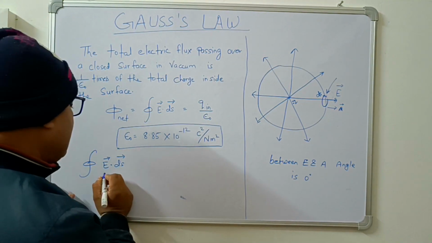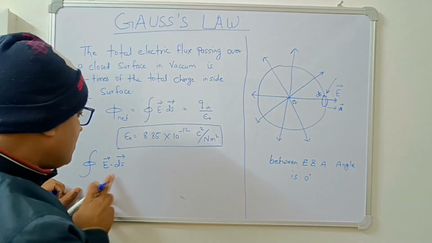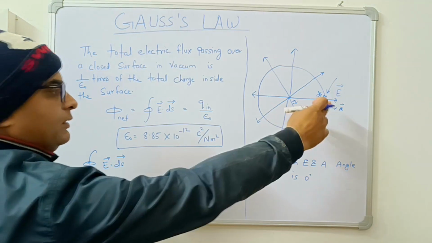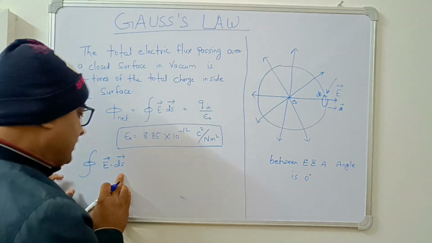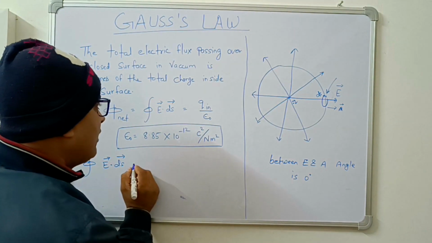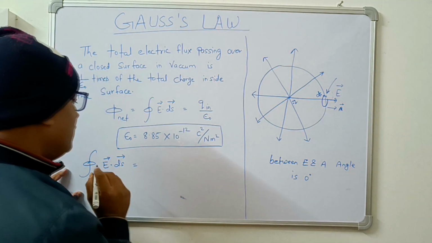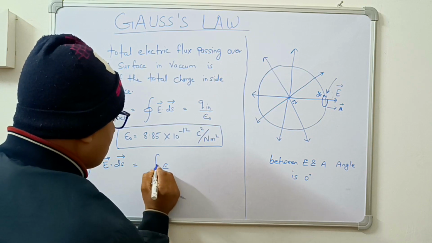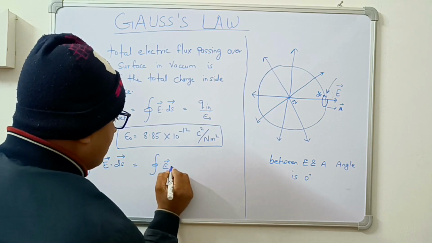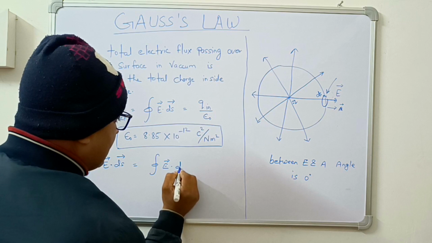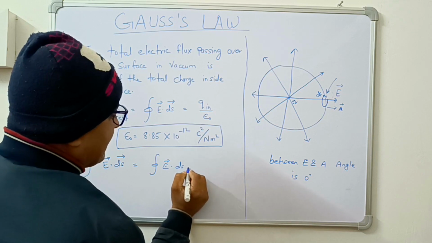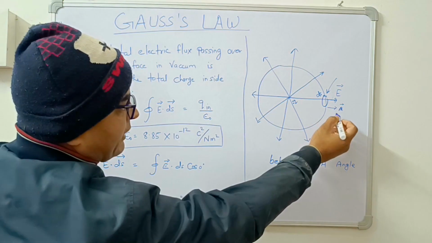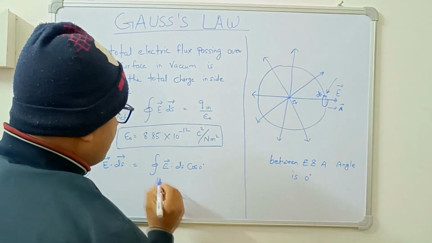So here we have the integration of E dot ds. You are integrating the electric field and the small area element dA. If you break this, it is E dot ds, which is E ds cos 0 degree because the angle between E and A is 0 degree.